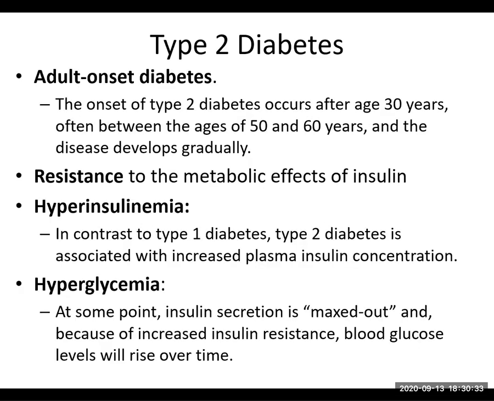As for type 2 diabetes, this is not juvenile, this is adult onset. So basically the people are initially healthy, but due to lifestyle, the lack of exercise or eating unhealthily, the body reduces insulin sensitivity and develops insulin resistance.